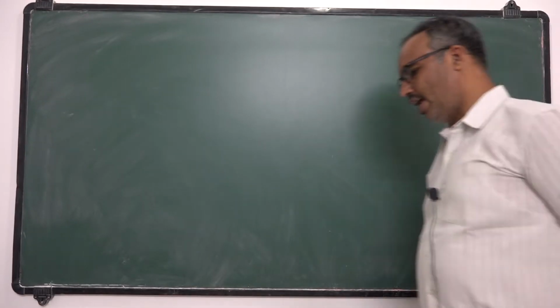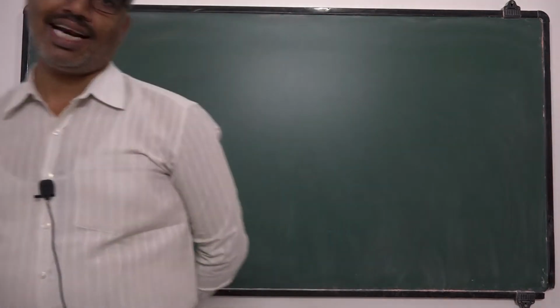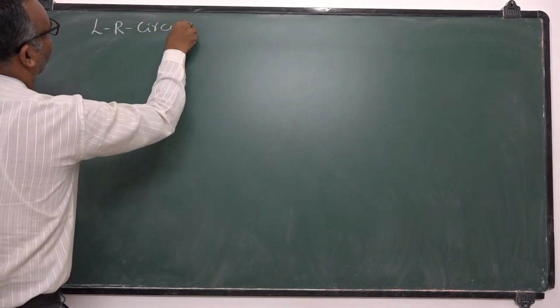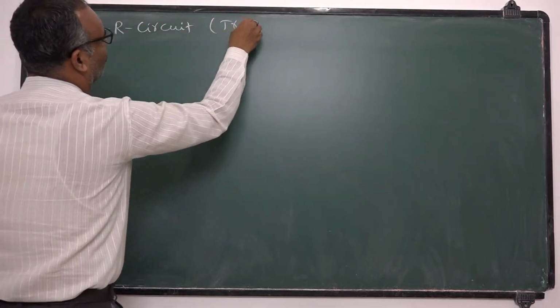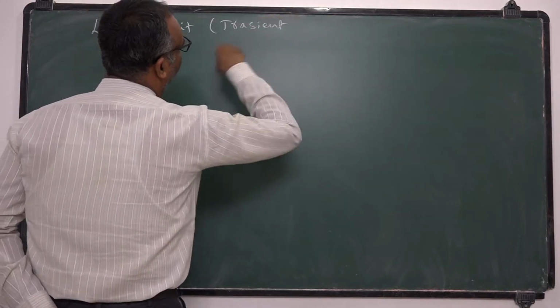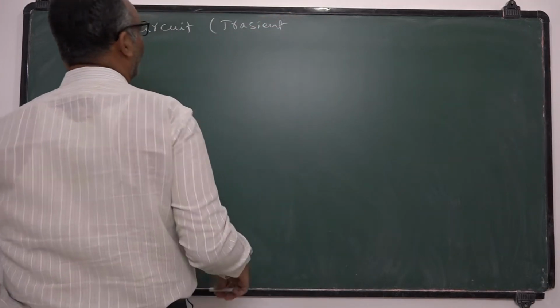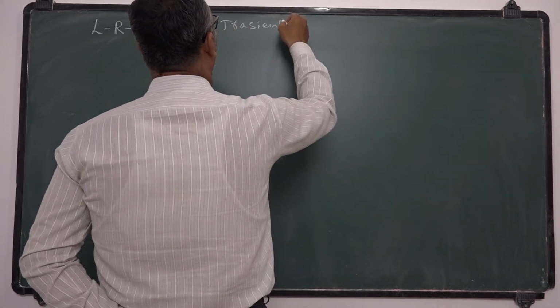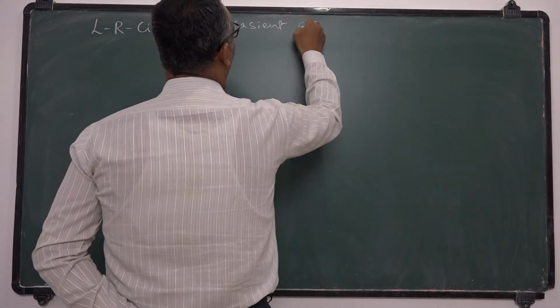So time varying current containing circuits are called transient circuits. LR circuit, it's a transient circuit. Transient means a circuit in which either current or charge is growing with respect to time or decaying with respect to time. Transient circuit.